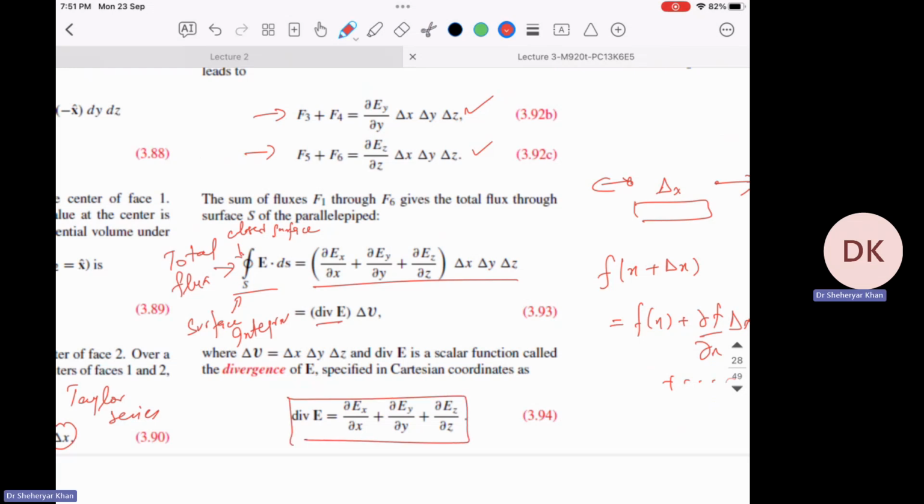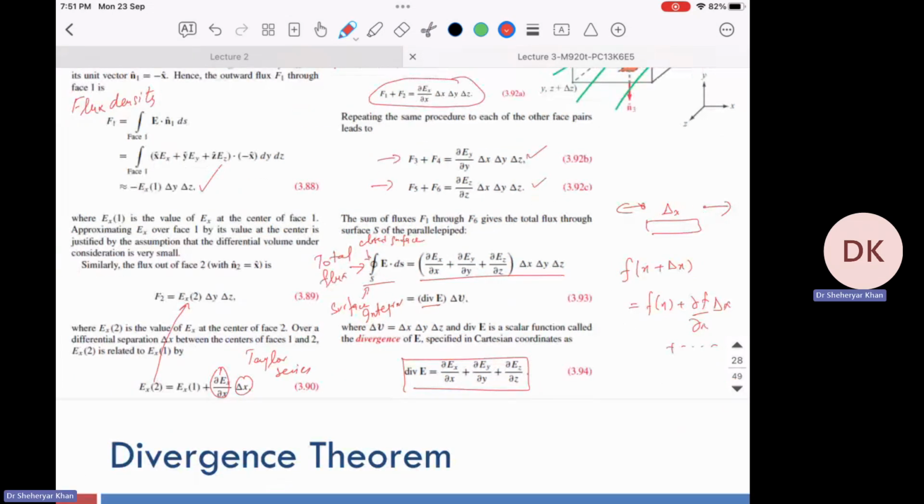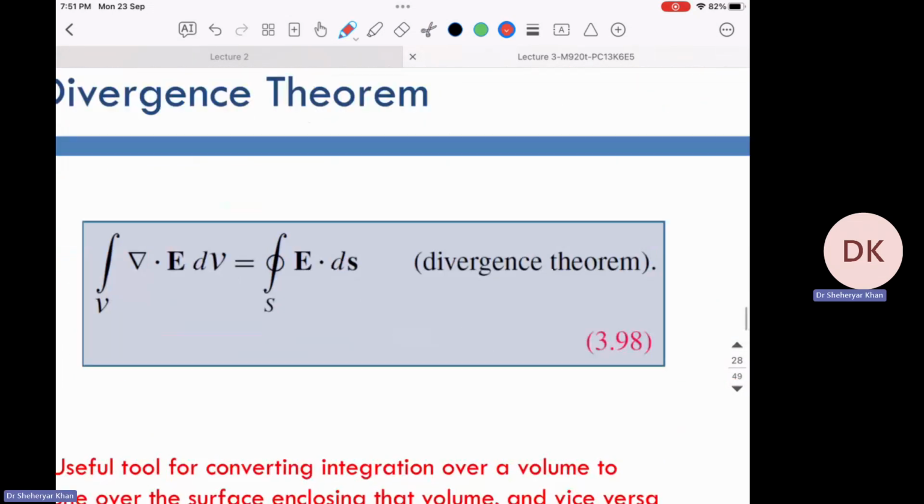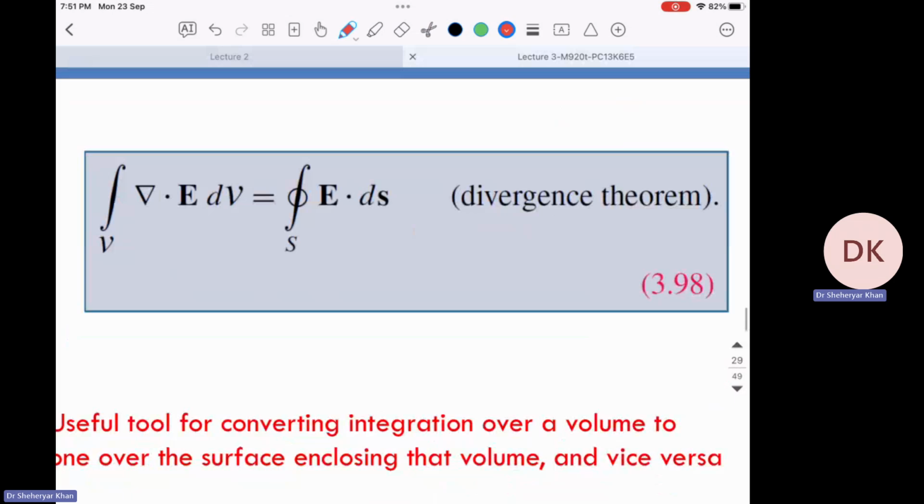Now we have one of the most widely used, interesting, and important theorems, what we call the divergence theorem, right? I ask you to think about these two formulas and try to interpret them in your own language. Then I'll explain what it means.